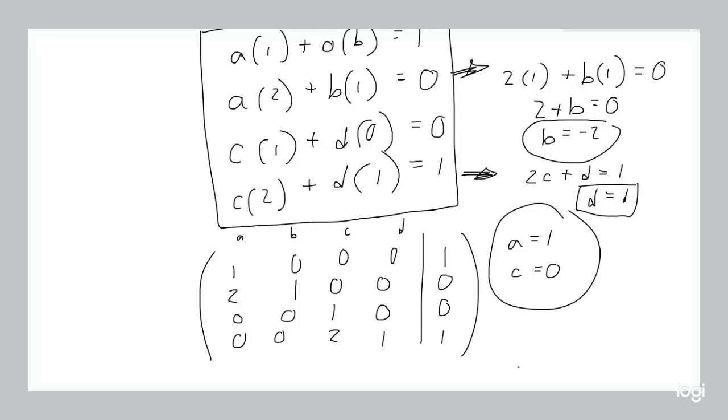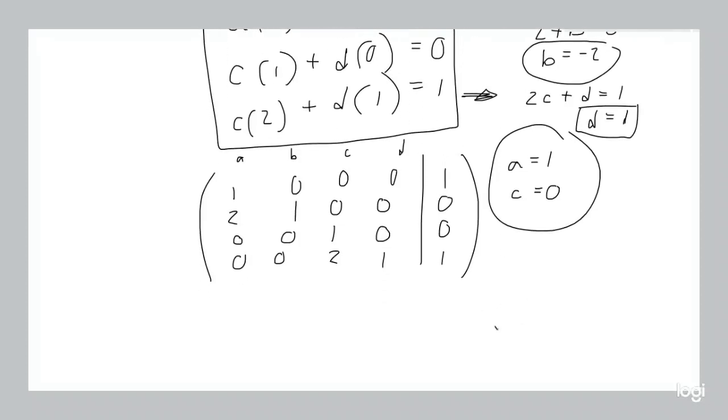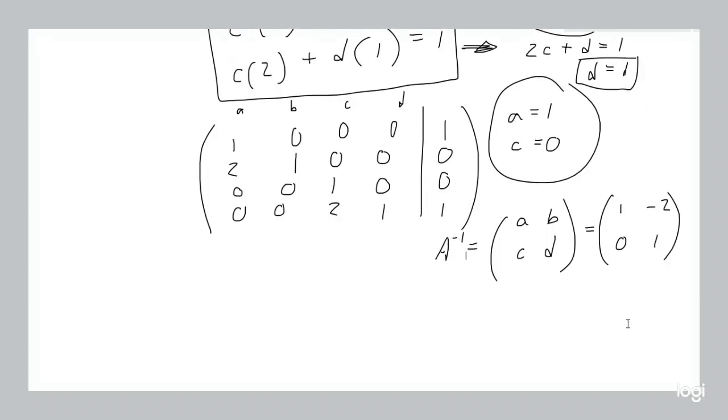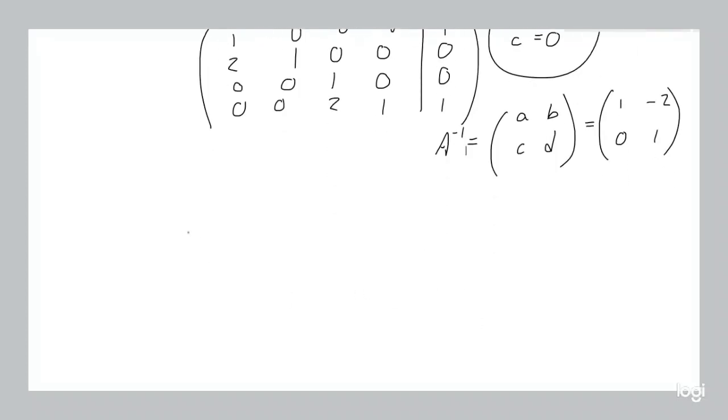Okay, so A, B, C, D is equal to 1, -2, 0, and 1. If that's your inverse matrix, we can check: does it work?